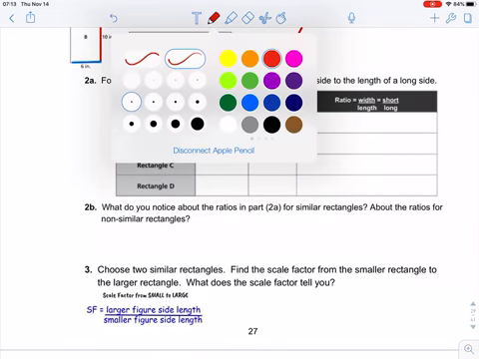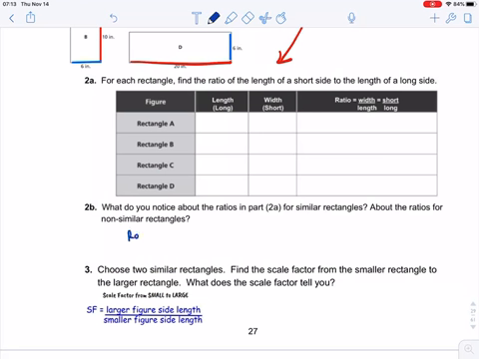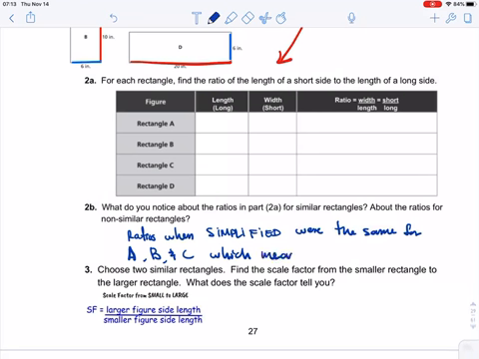We noticed that all the ratios when simplified were the same for A, B, and C, which means they are similar.